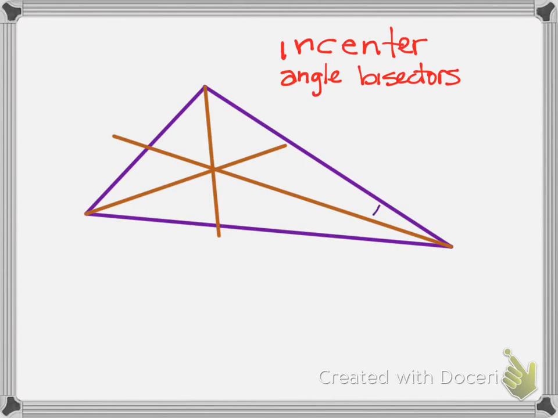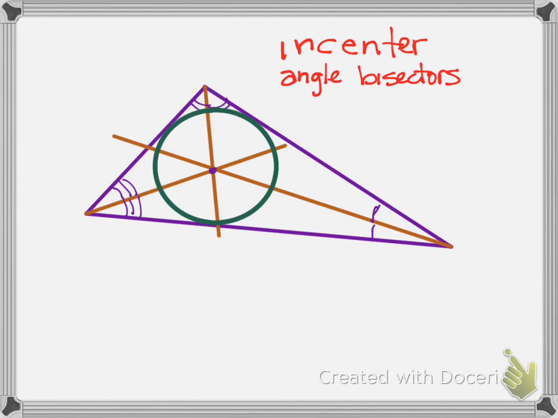So what we're saying here is that these 2 angles are congruent, these 2 angles are congruent, and those 2 angles are congruent, and this point, his name is the incenter.